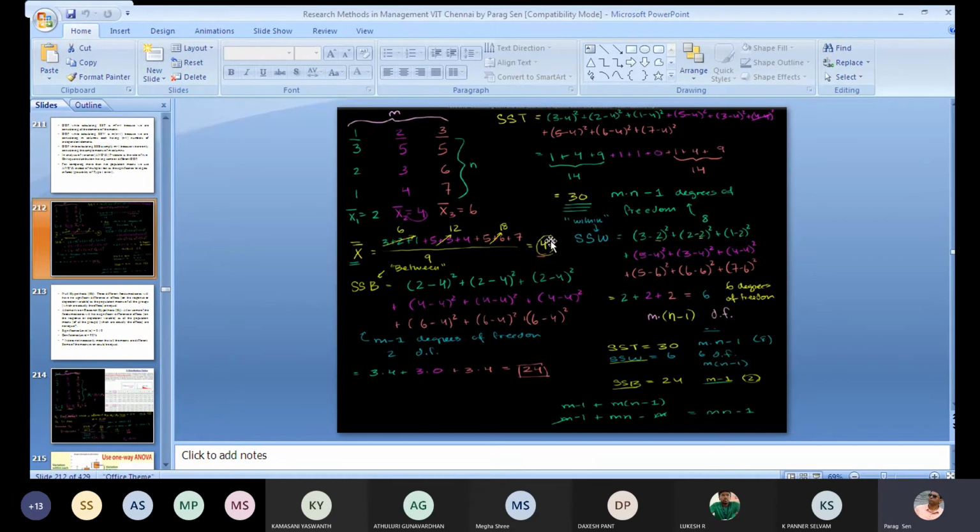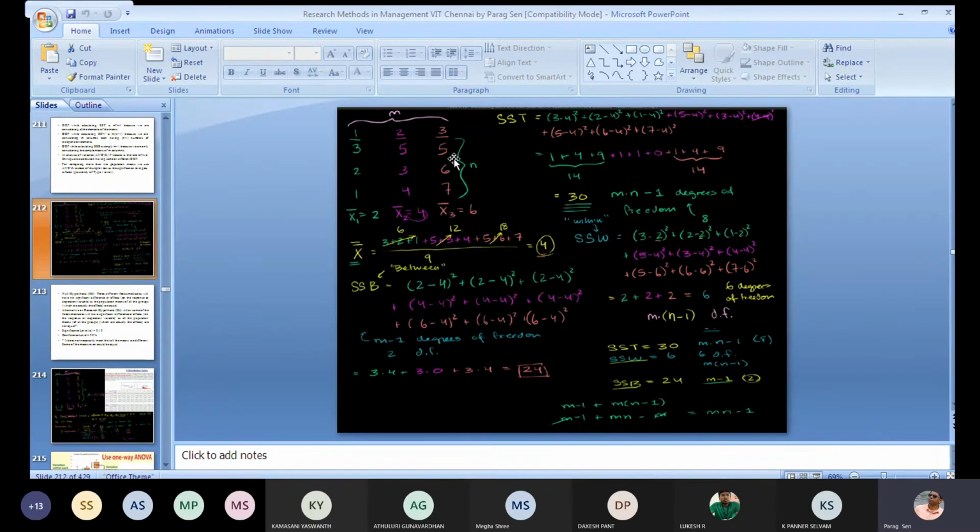The grand mean is 4, so you subtract the grand mean from each and every element of this matrix, square it, and sum them, and you will get the total sum of squares, which is 30.